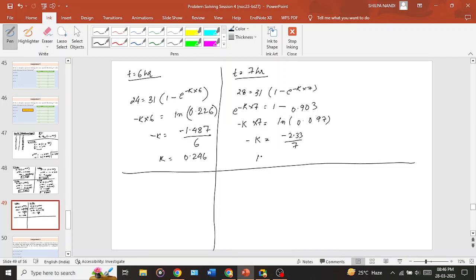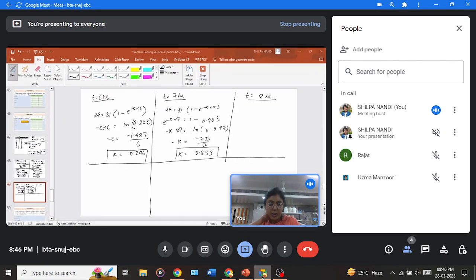So here it will be minus, and k will be... We go forward. We have t is equal to 8 hr. I think you all are also getting how to solve this.